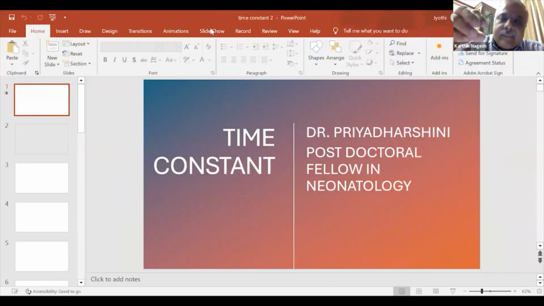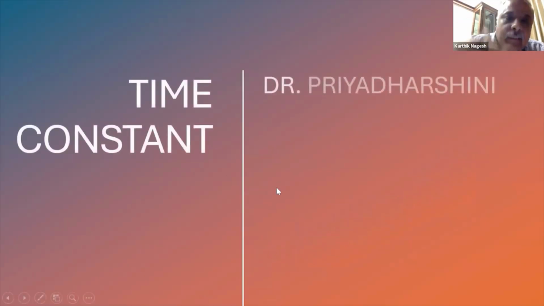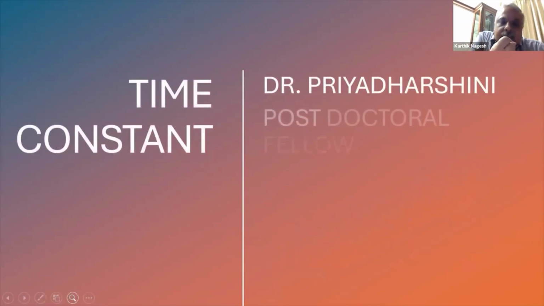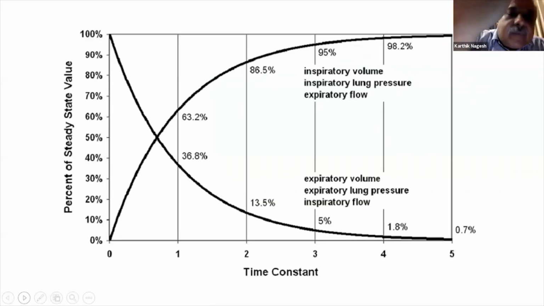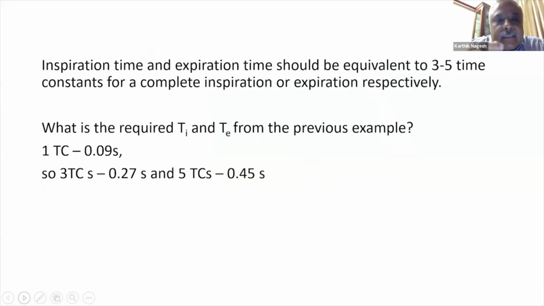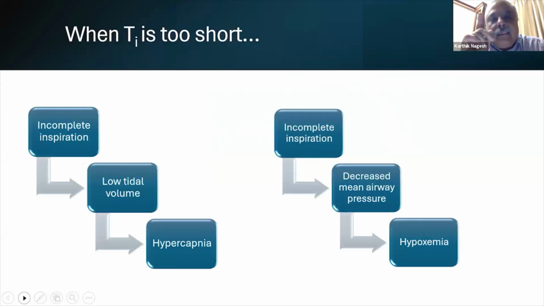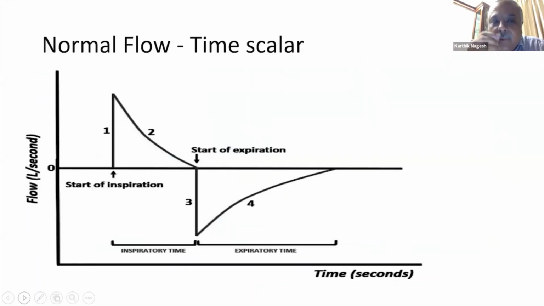Sometimes if the alveolus is open, the air goes in fast and comes out fast. But in certain areas, the alveolus is absolutely closed. It doesn't allow the air to come in. So there also the air comes out fast. But typically, because of the stiff lung and the tight lungs, the time constant is very short in severe RDS babies. So therefore, you need to give smaller inspiratory times in severe RDS.